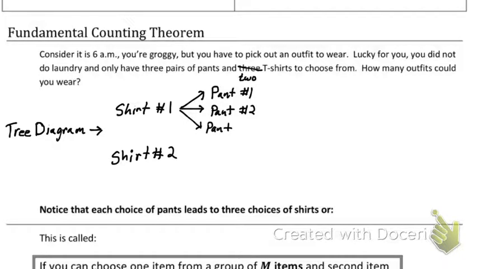I assume I should put pants, but I like the pant 1, pant 2, pant 3. All right, now I went back in time, and I actually chose shirt 2. Well, shirt 2 also has 3 pants I can wear with it. So shirt 2 can branch off into pant number 1, pant number 2, and pant number 3.